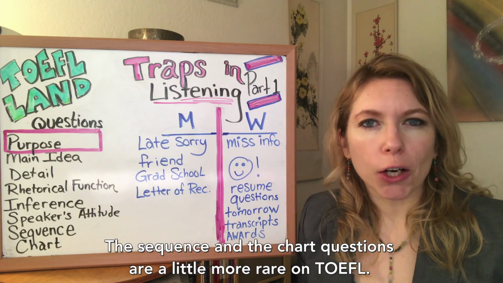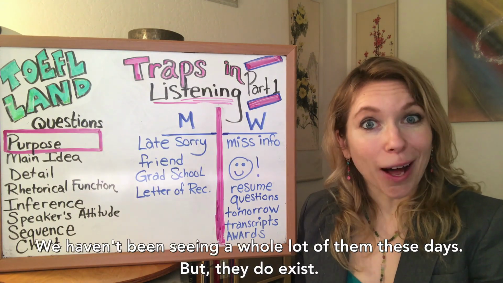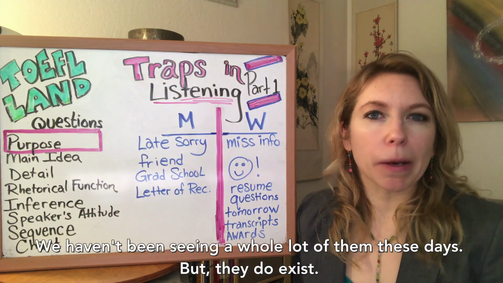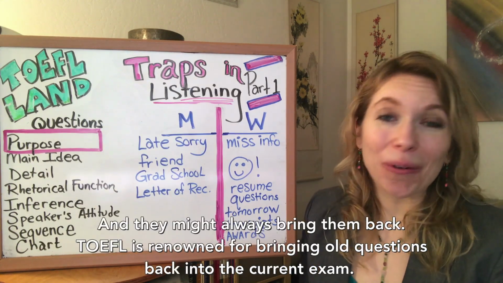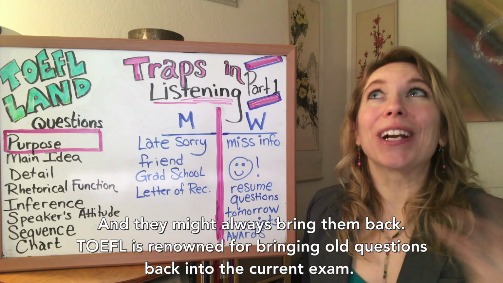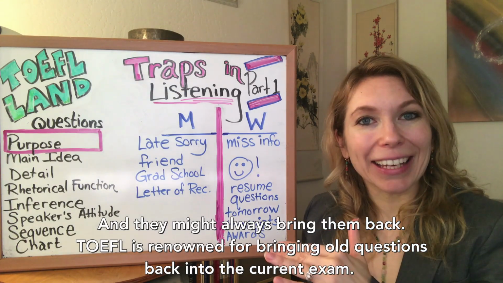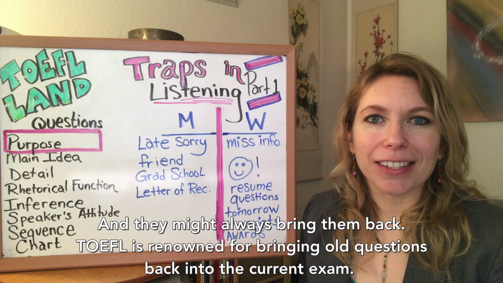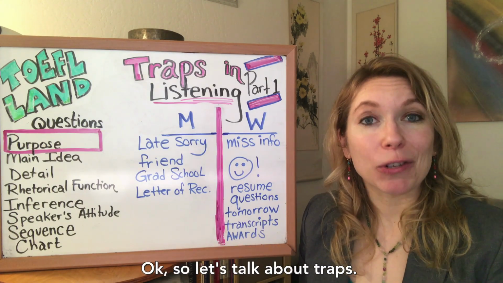The sequence and the chart questions are a little more rare on TOEFL. We haven't been seeing a whole lot of them these days, but they do exist, and they might always bring them back. TOEFL is renowned for bringing old questions back into the current exam. Okay, so let's talk about traps.